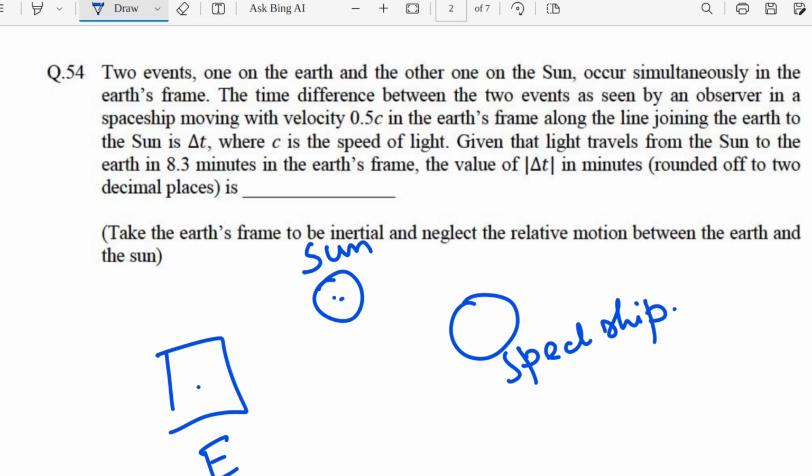Let's say this is the sun and this is our earth, and this is the spaceship. The question says these two events occur simultaneously in the earth's frame. That means with respect to the earth's frame, this is the first event and this is the second event. In the earth's frame of reference, the first event and second event occur at the same time, because simultaneously means at the same time.